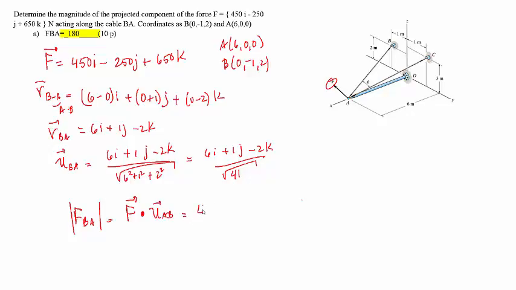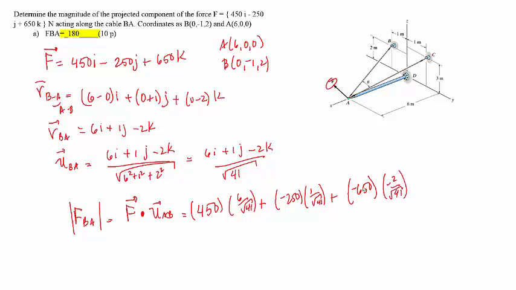So it would be 450 times 6 over square root of 41 plus 250 times 1 over square root of 41 plus 650 times negative 2 over square root of 41. So this would be 180 newtons.